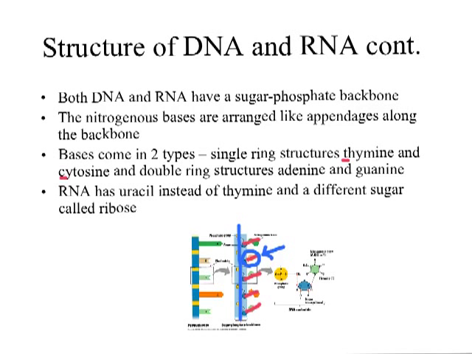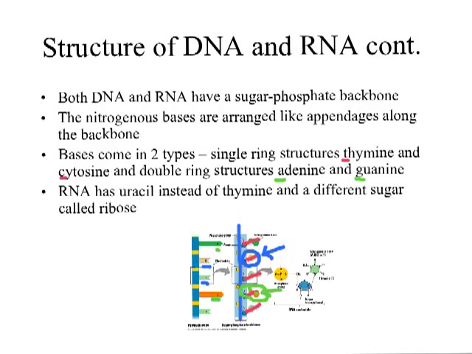So our C and our T are single ring structures, and then we also have double ring structures as well, and that's our adenine and guanine, A and G. And so the adenine and guanine, the double rings, we can see popping around here, that there are 2 little rings right there. Now RNA is slightly different.